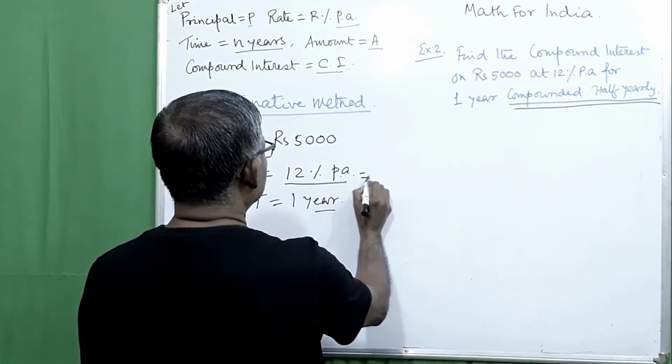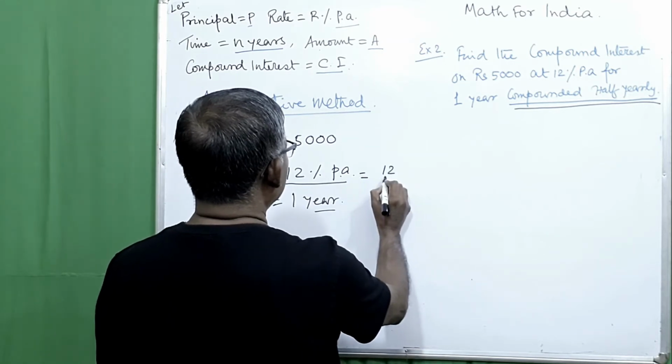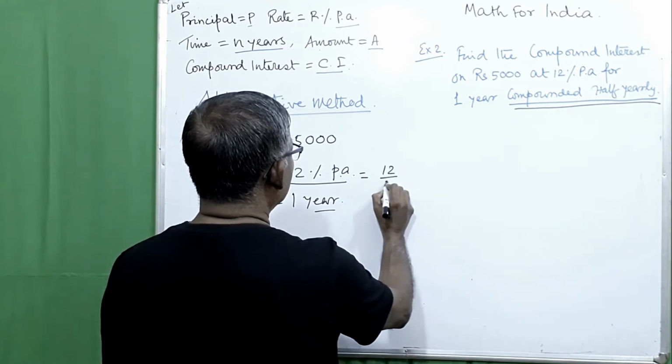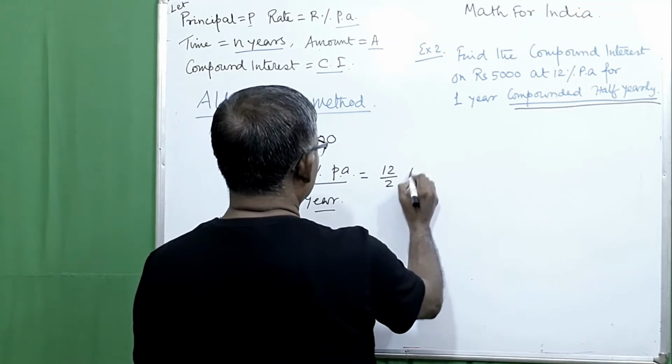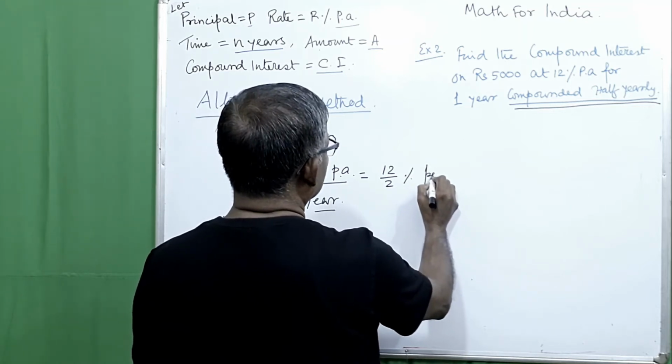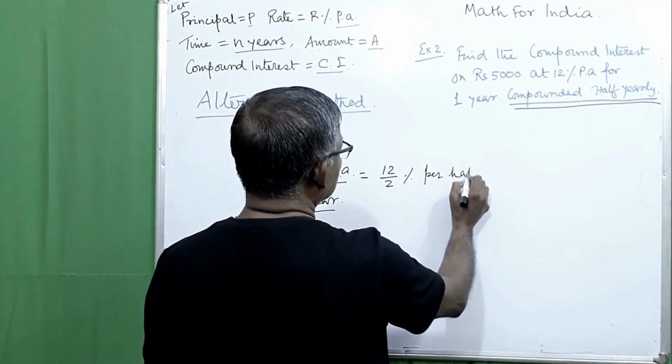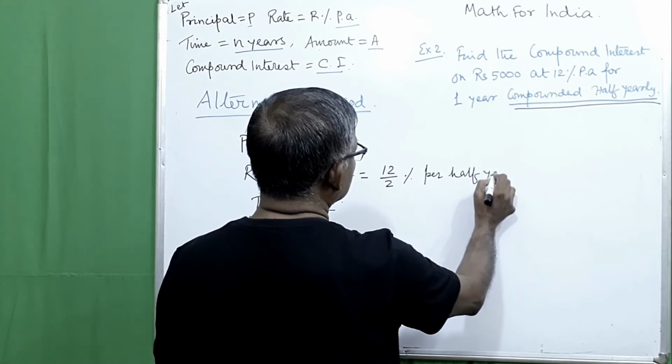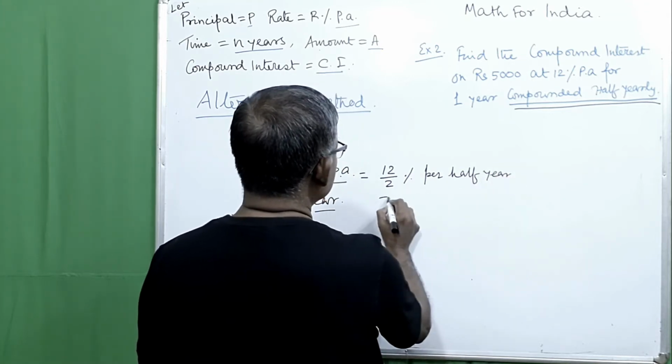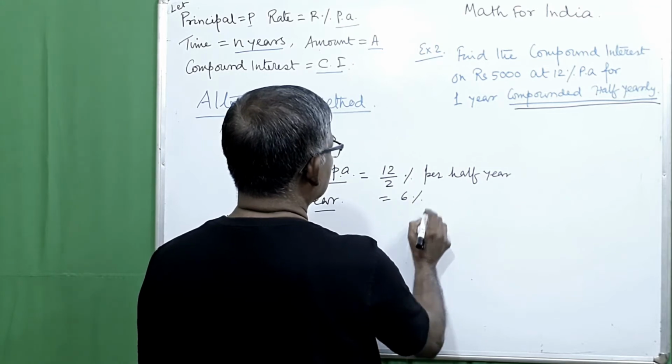It will be 12 by 2% per half year, that is 6%.